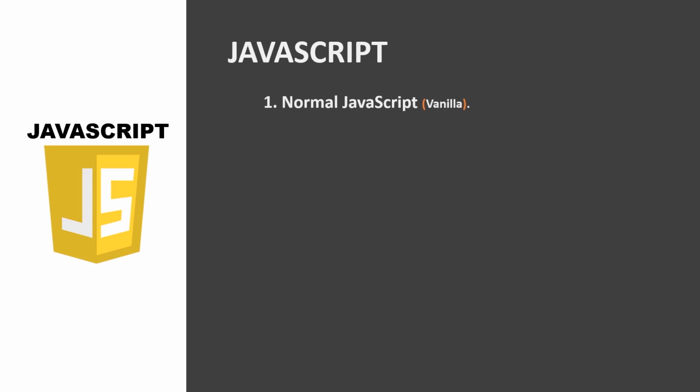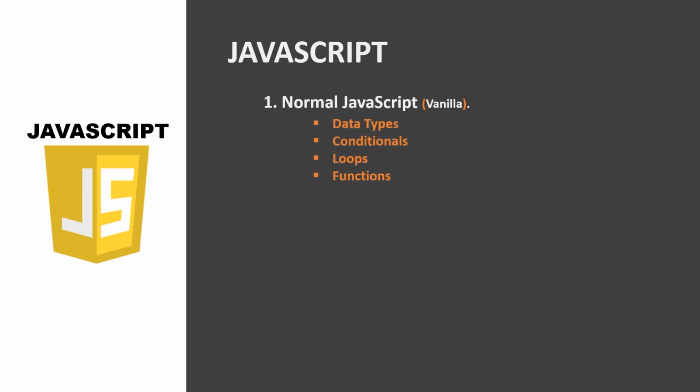For learning JavaScript, you need to learn normal JavaScript, which is called vanilla JavaScript. For that there are many resources like W3Schools, Tutorials Point, and Codecademy, and you can use many interactive websites to code on your own. So first is normal JavaScript, called vanilla JavaScript.